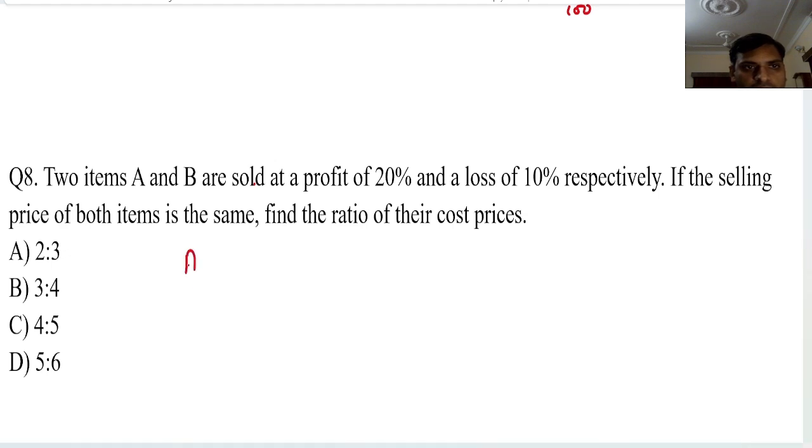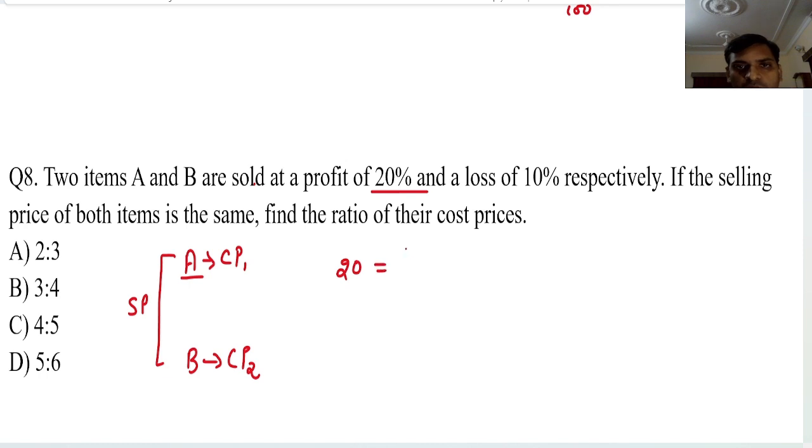First product is A and second product is B. Now the selling price is the same for both. For the first, the cost price is considered as CP1 and for the second, CP2. Now first, 20% profit on A.